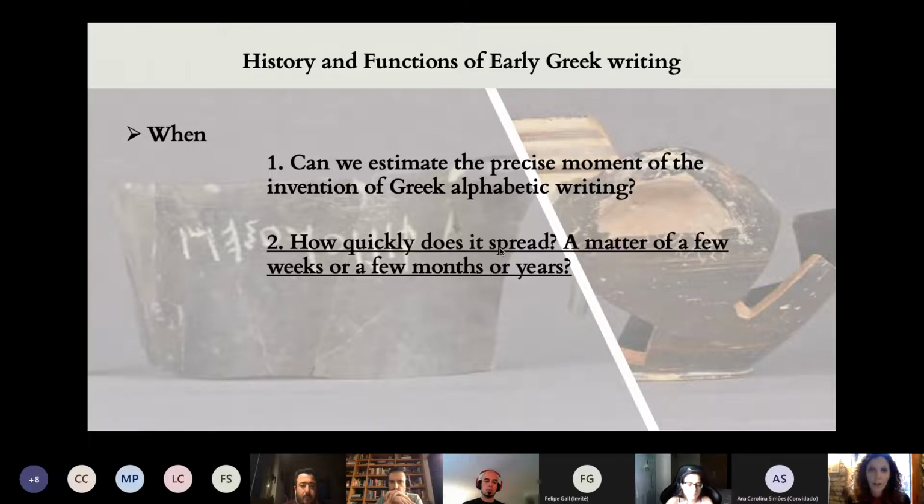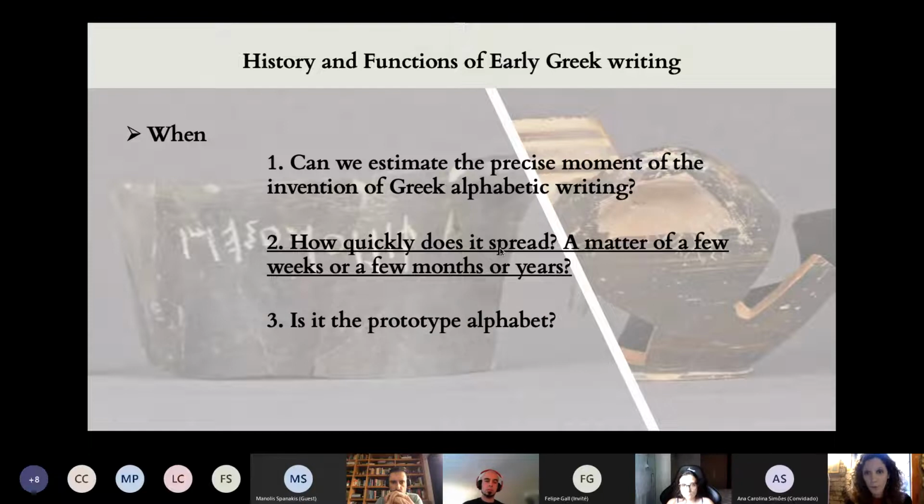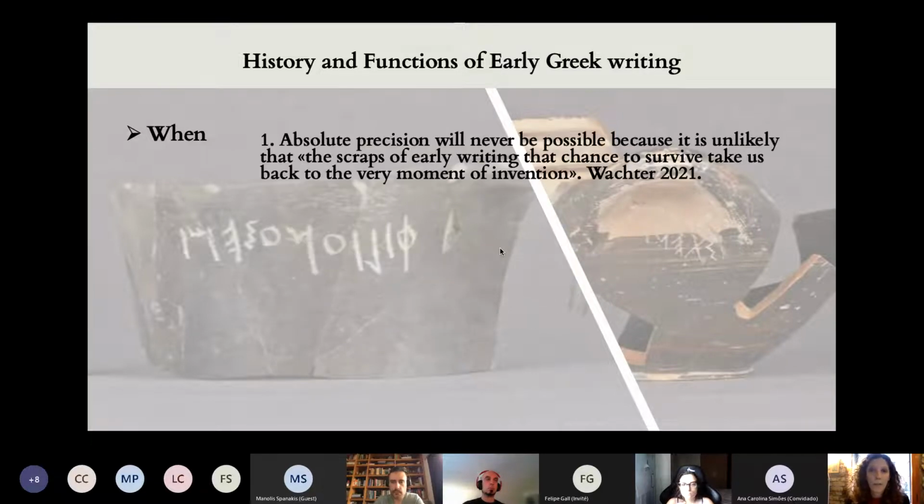And also, how quickly did this alphabet spread? Was it a matter of a few years, months, weeks, even days, as someone said? And also, is the alphabet we see in the first evidence the prototype alphabet, or is it something from some centuries after?